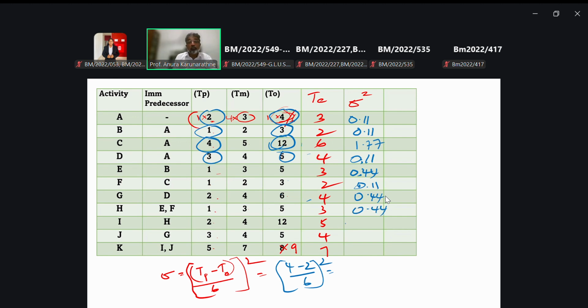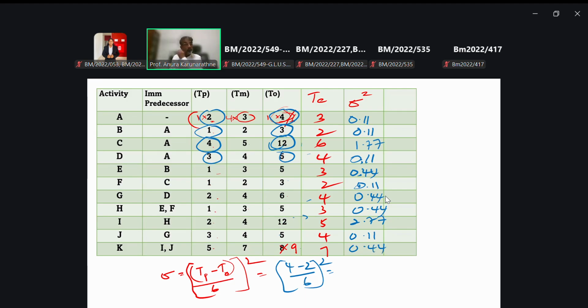Am I correct? 12 minus 2, that is 10. Then 10 over 6, take the square of it. It's 2.77. Next one, 5 minus 3, that is 2. 2 over 6, square means 0.11. Last one, 9 minus 5, that is 4. 4 over 6. Take the square again, 0.44.